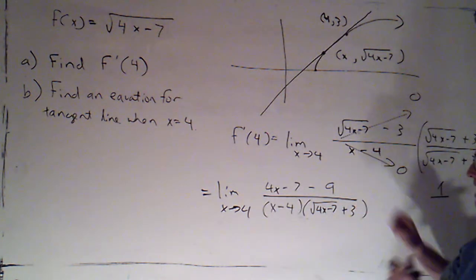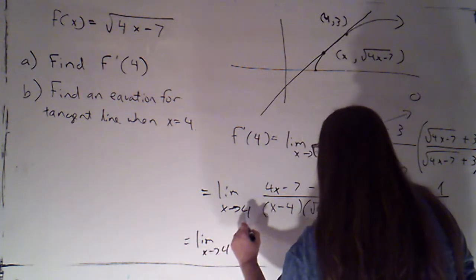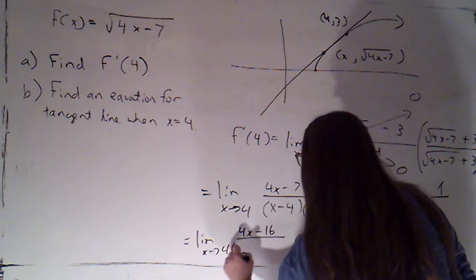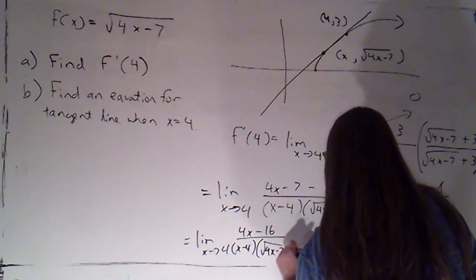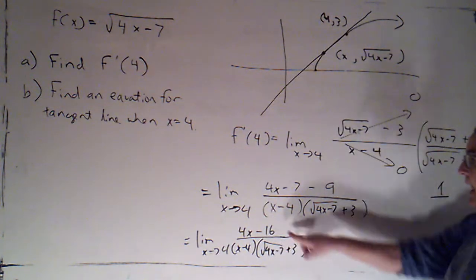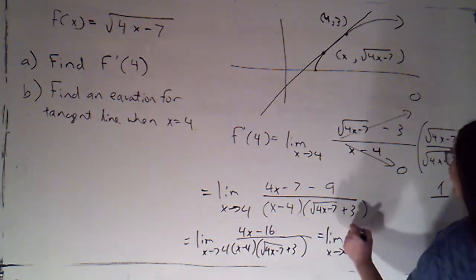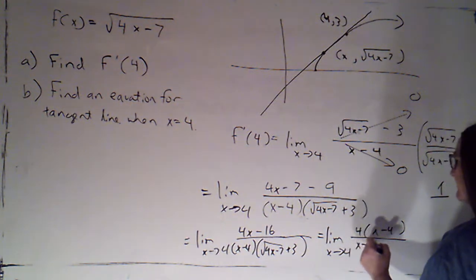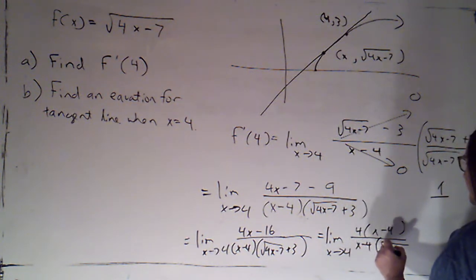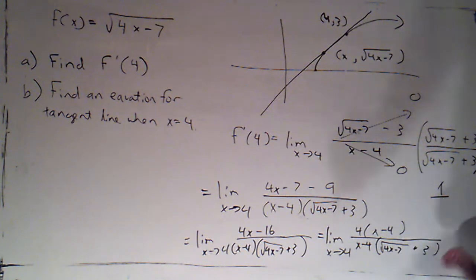If I look here on top, this becomes then the limit as x goes to 4 of 4x minus 16 over x minus 4 times root 4x minus 7 plus 3. On top, I can factor out a 4, so that's the limit as x approaches 4 of 4 times x minus 4 over x minus 4 times root 4x minus 7 plus 3, and I can cancel those x minus 4s.